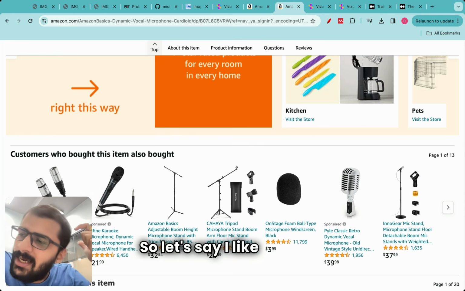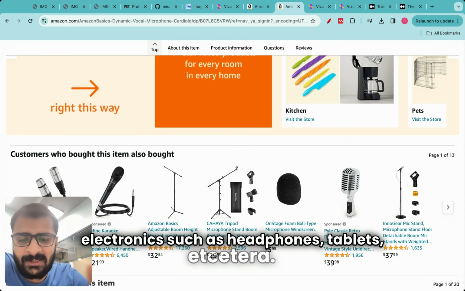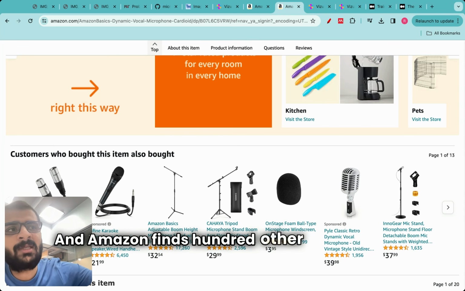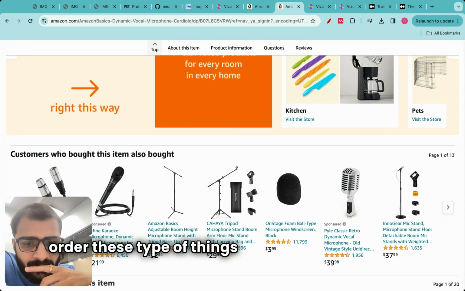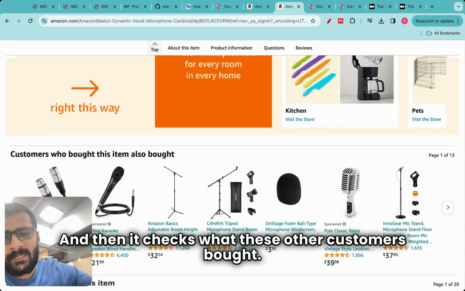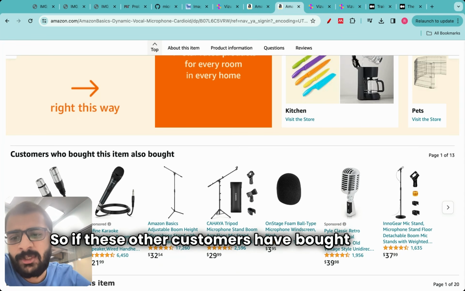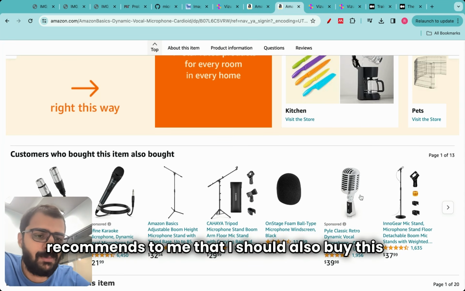Let's say I like ordering electronics such as headphones, tablets, etc., and Amazon finds 100 other users who also like to order these types of things. Then it checks what these other customers bought. So if these other customers have bought this mic, it also recommends that I should buy this mic.